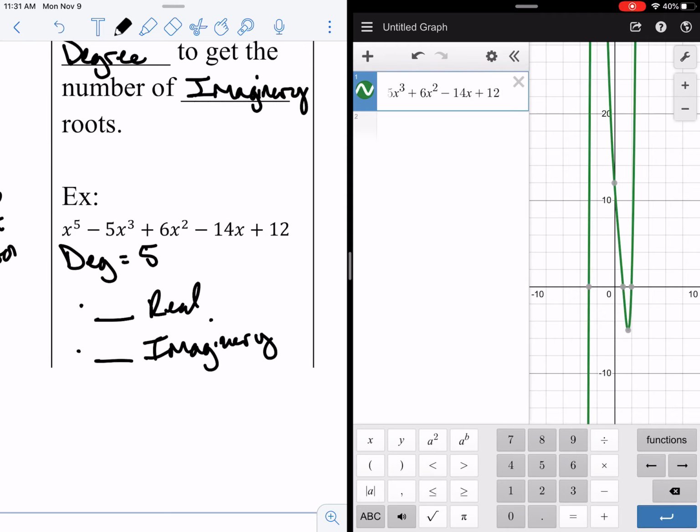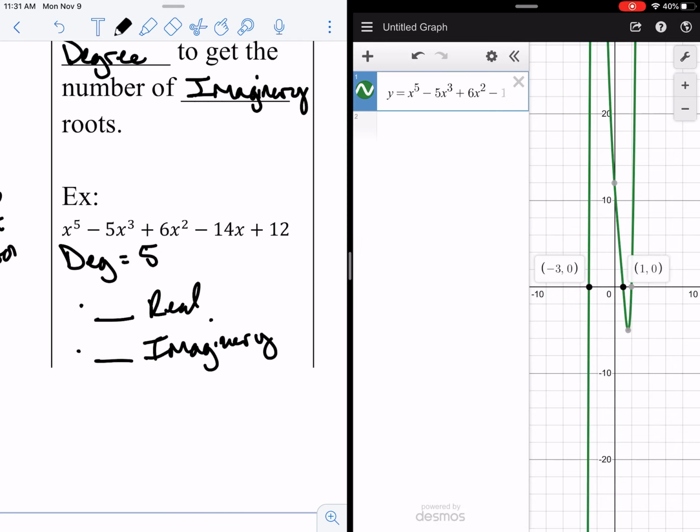And if I look, it touches at 1, 2, 3. So there's 3 real. So 5 minus the number of real tells me my imaginary. So degree minus real equals imaginary. So there are 2 imaginaries.